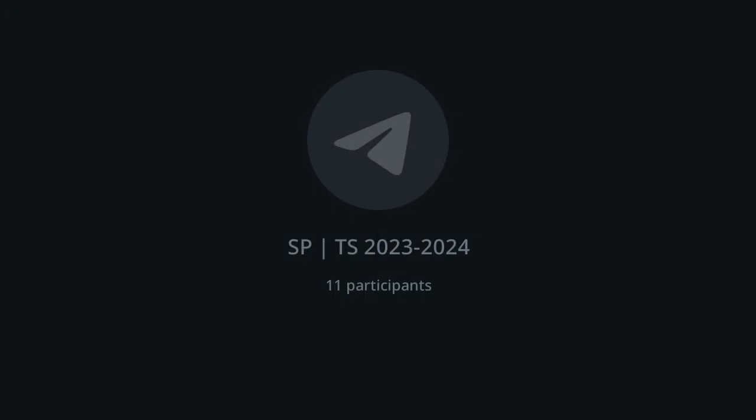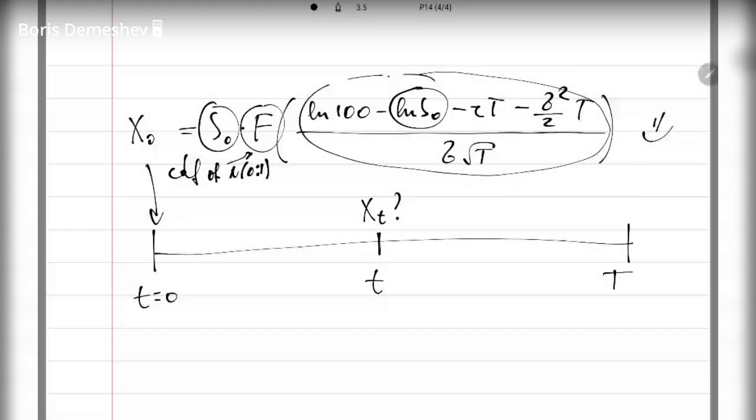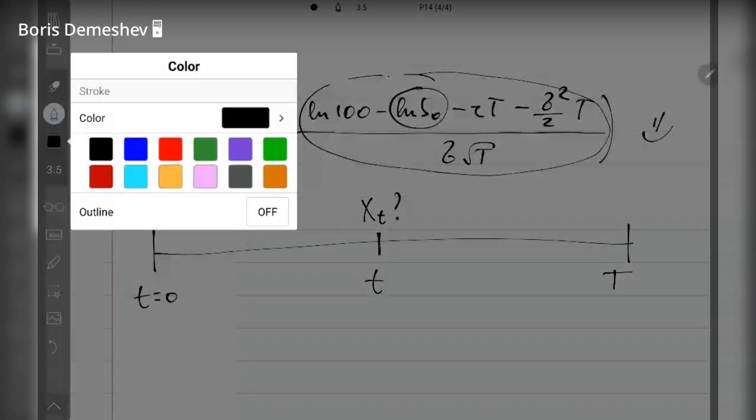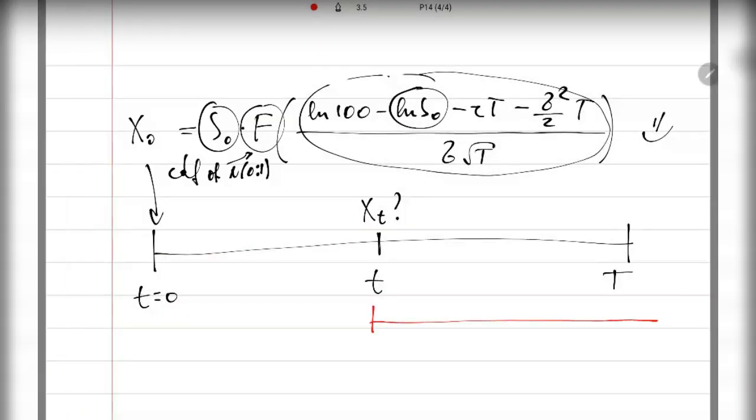Basically, we introduce a new timeline, and we say, okay, let it be t prime. This is t prime equal to 0. That is, t prime is equal to big T minus small t.